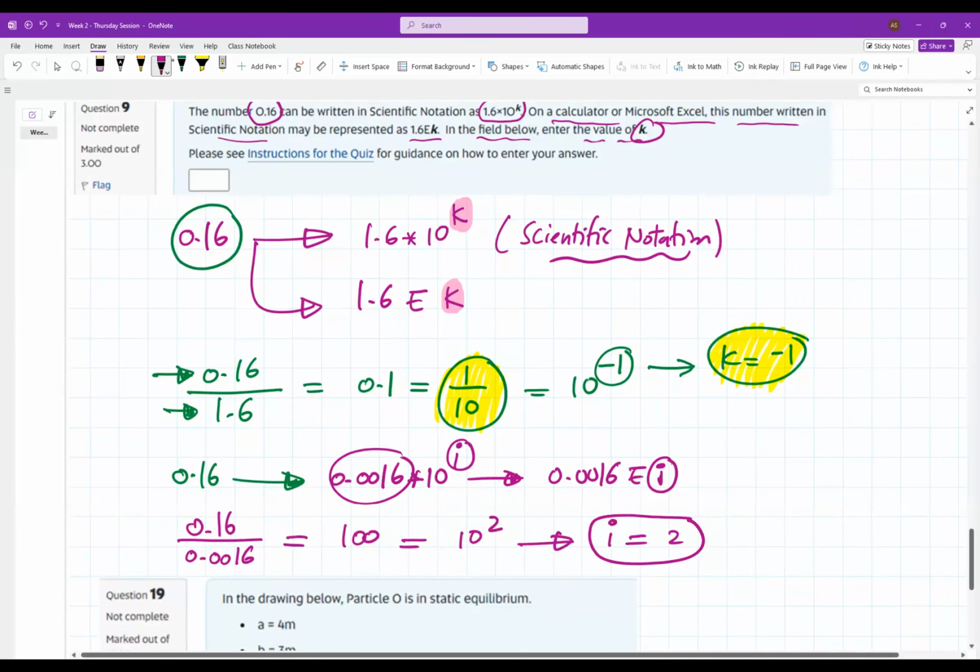Okay, so do you understand how to find this? We need to divide the actual value over the form we want to show. So we will get the number of tens, and this number of tens will be converted to 10 to the power something.